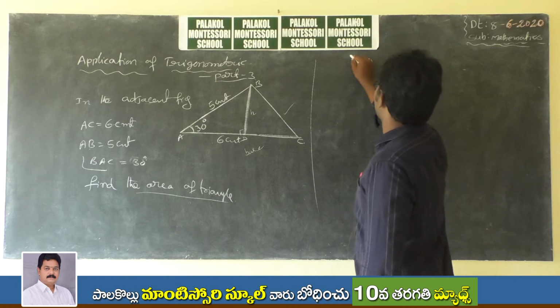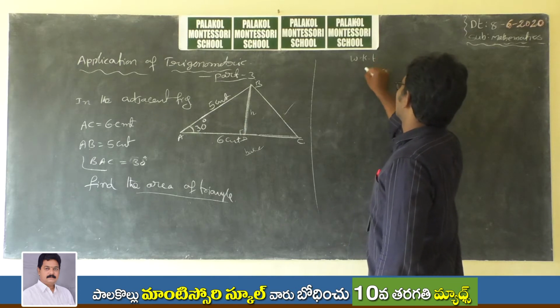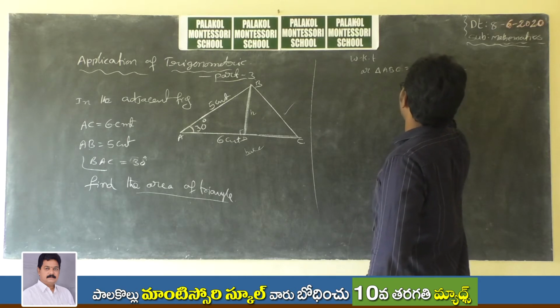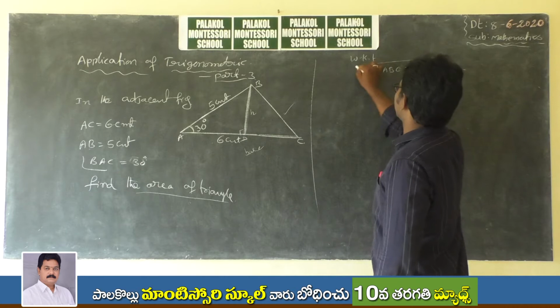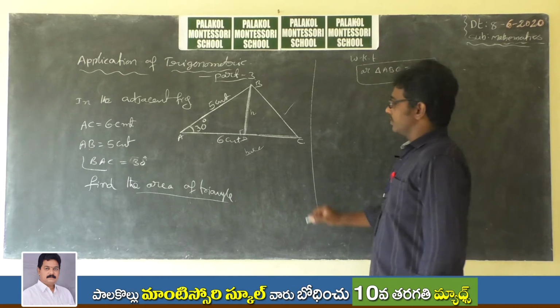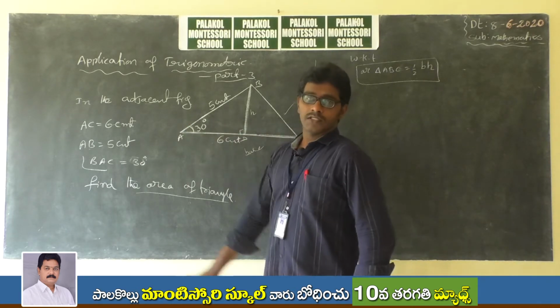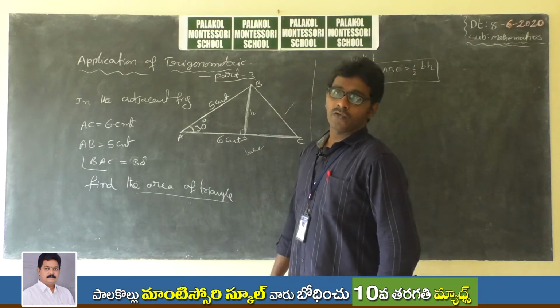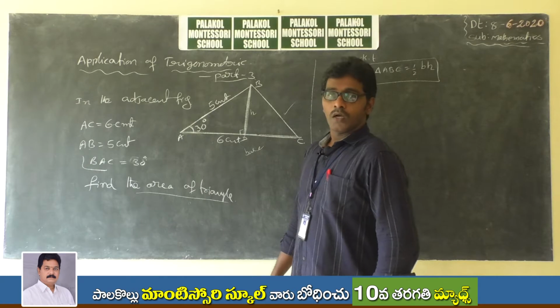You know the area of the triangle formula: area of triangle ABC is half into base into height. The base you already know, but the height is unknown. First you find that unknown. How?